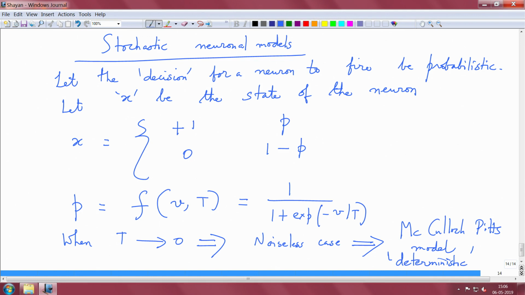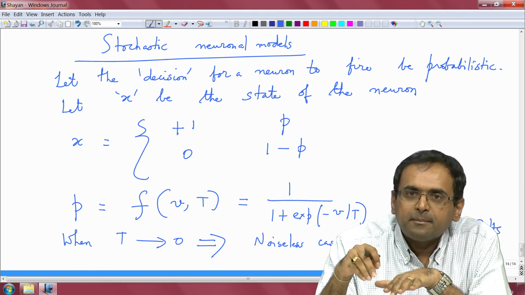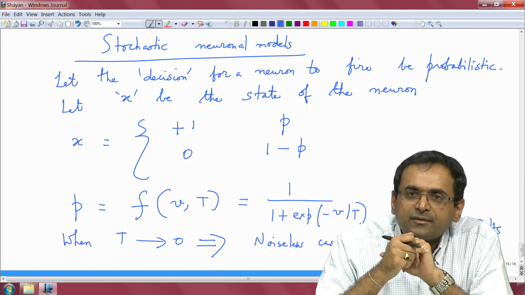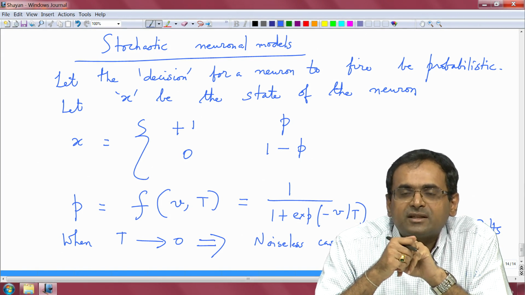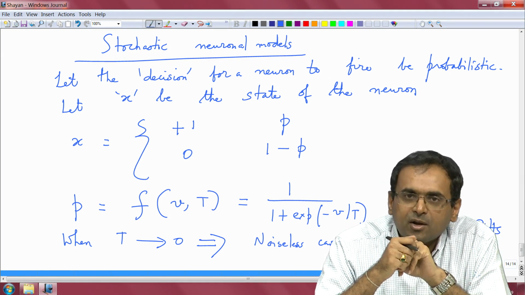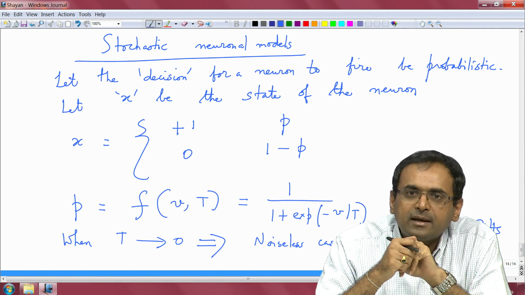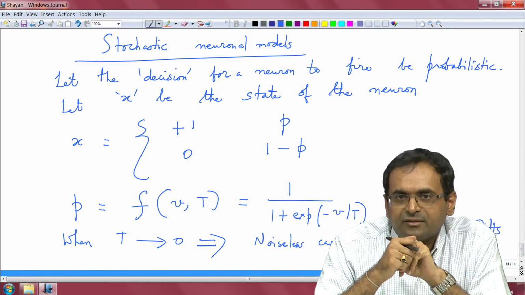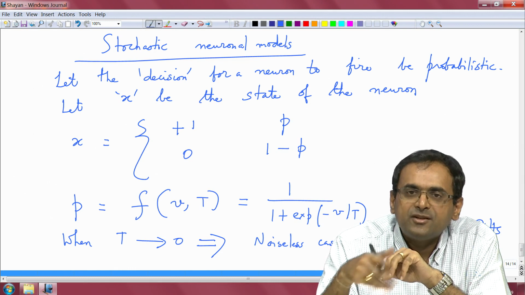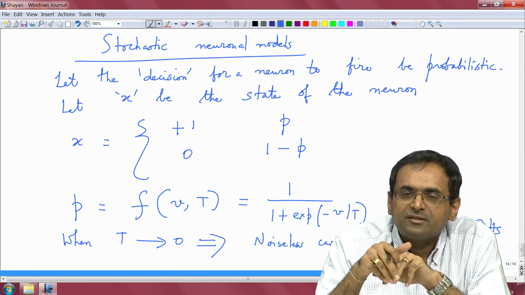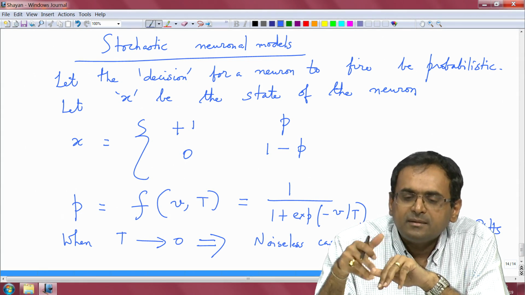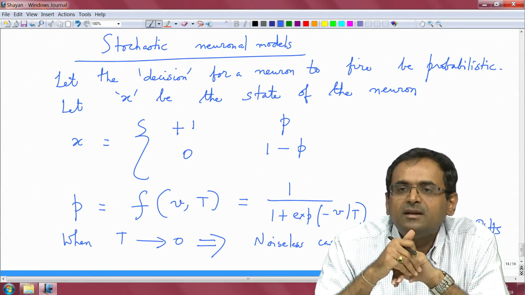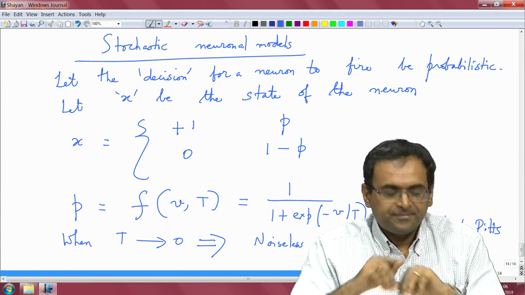As I discussed earlier, the role of stochastic neuronal models is very important in engineering artificial systems that are noise immune, and this comes from the stochastic resonance effect that is seen in biological systems which are inherently immune to noise, right. And if you want to engineer neuromorphic systems that are capable of exhibiting the stochastic resonance effect, then it would be useful for us to use the stochastic neuronal models.